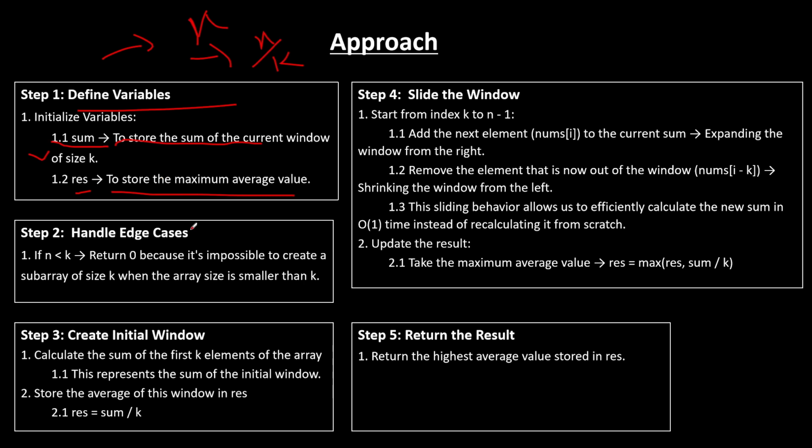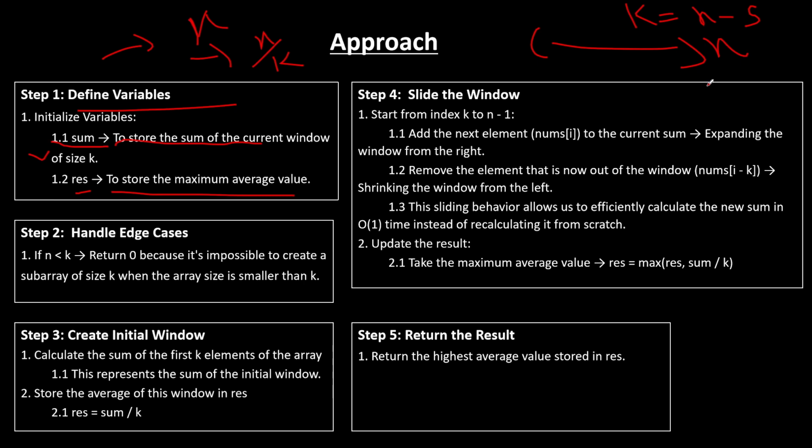Okay. What is the second case? We have to handle the edge cases. What could the edge case be? For example, you are given an array of size n, right? And k is something, let it be n minus 5. So when is a subarray possible?